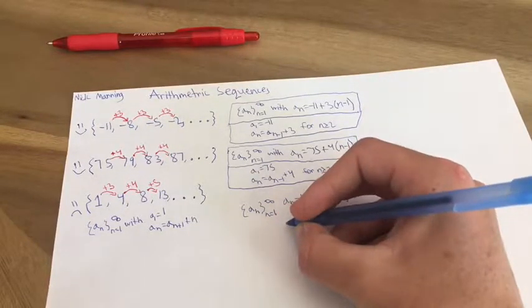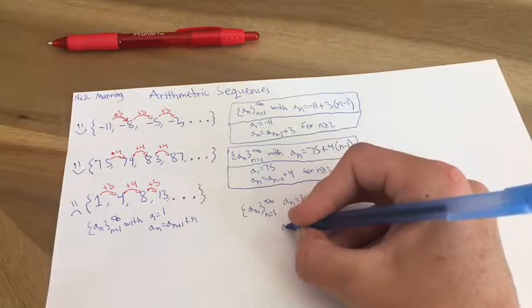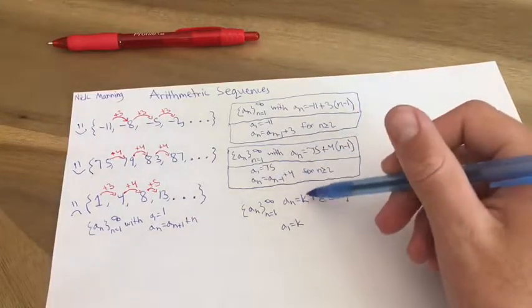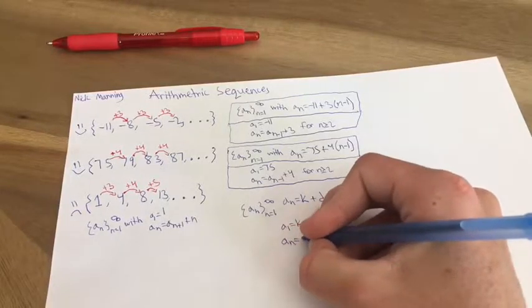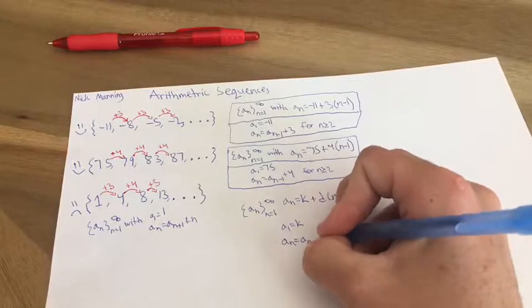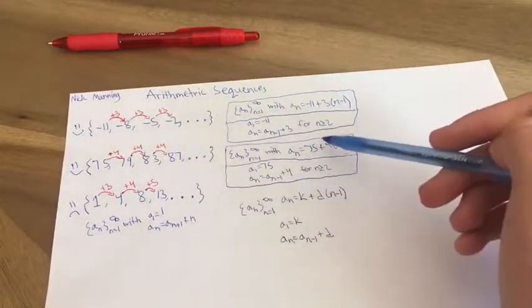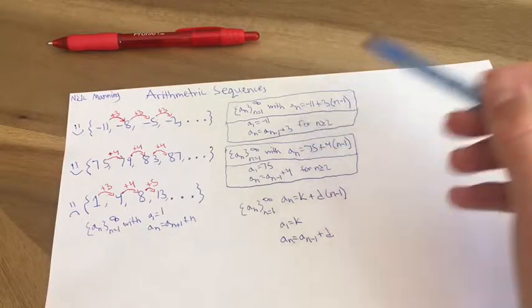And then for our recursive definition, it is a sub 1 equals k. Same thing, 75 or 75, k to k. A sub n equals a sub n minus 1 plus d. D is our number right there, which it is increasing by. So there's our plus 4, plus 4, plus 3, plus 3.